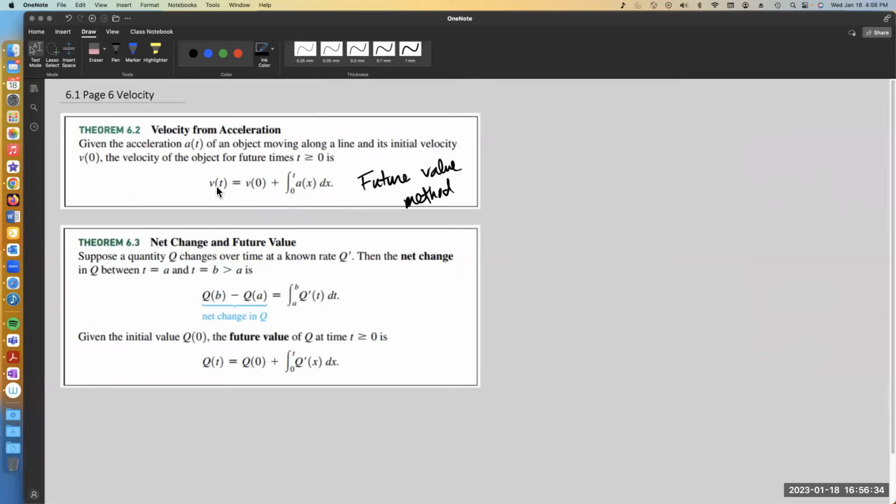So here is future value method where we're going to find velocity from acceleration. And then down here, future value, if you had a population of whatever, bacteria, animals, we're going to use a Q instead of a V or an A or an S. So that's just the general form of this future value method.